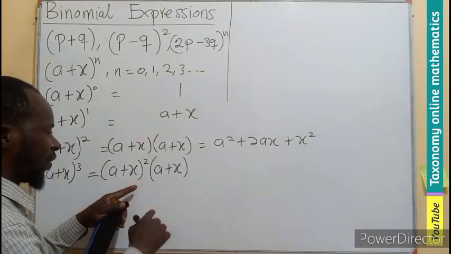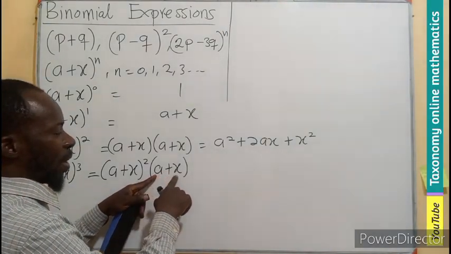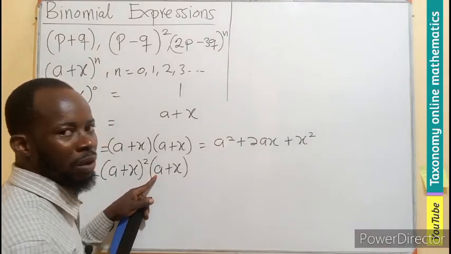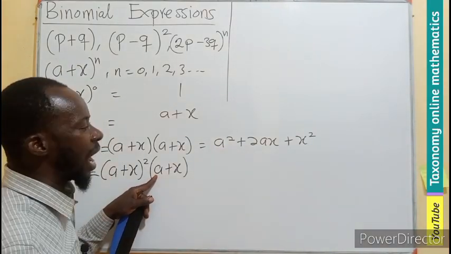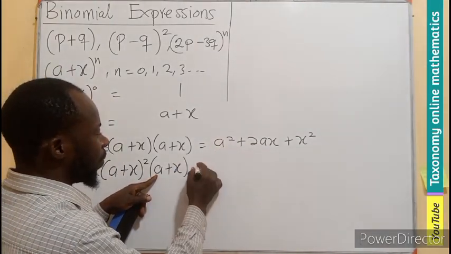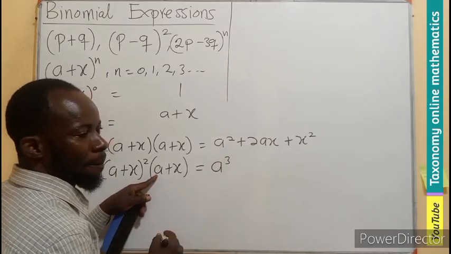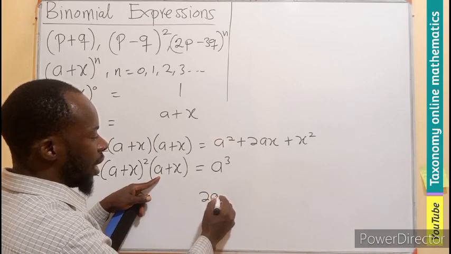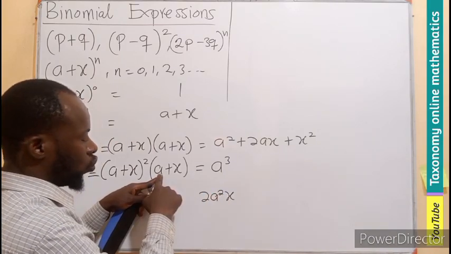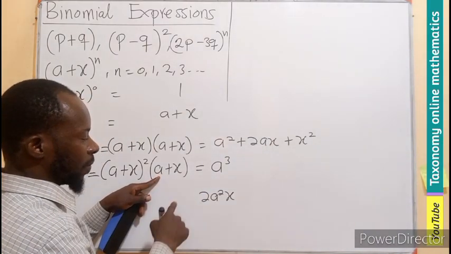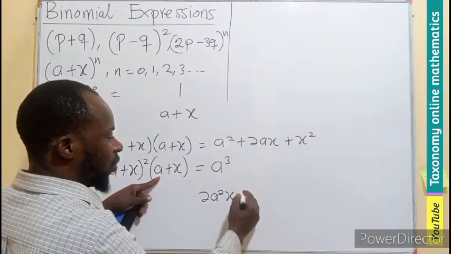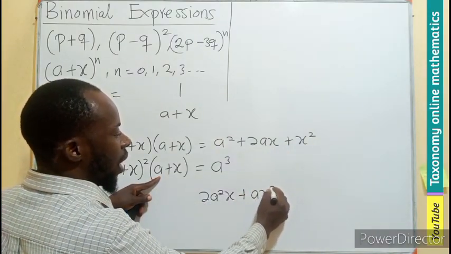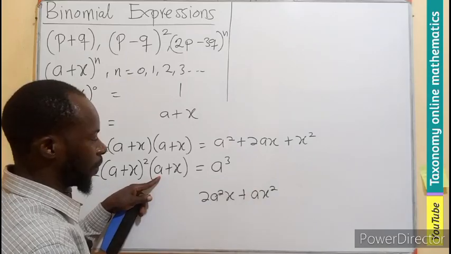Then in this case, we are only going to use the a plus x to multiply the already known expansion that we have. So a times a will give us a to the power 3. Then when a multiplies this, it gives us 2a squared x. Then when the a multiplies this, we get our a squared, ax squared.